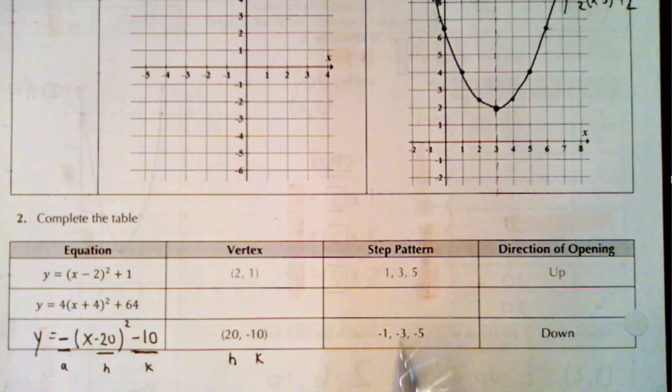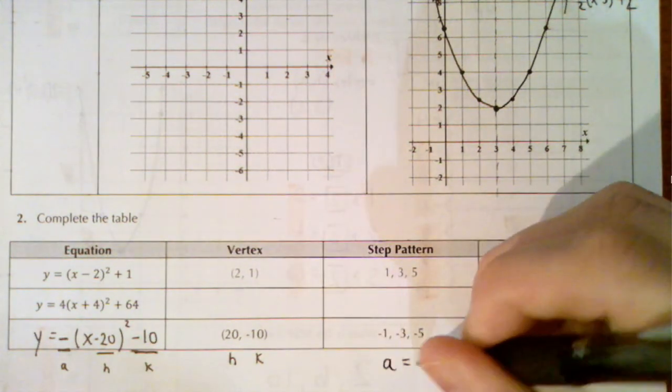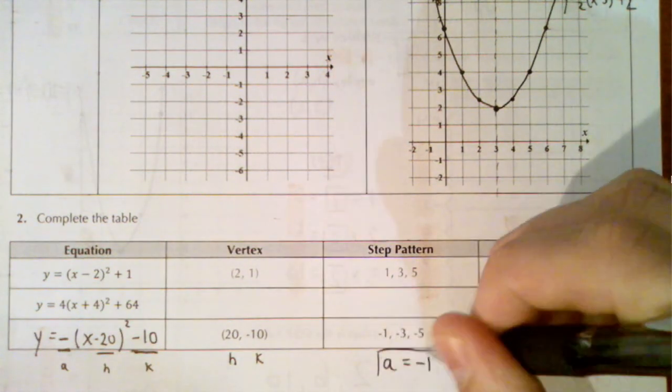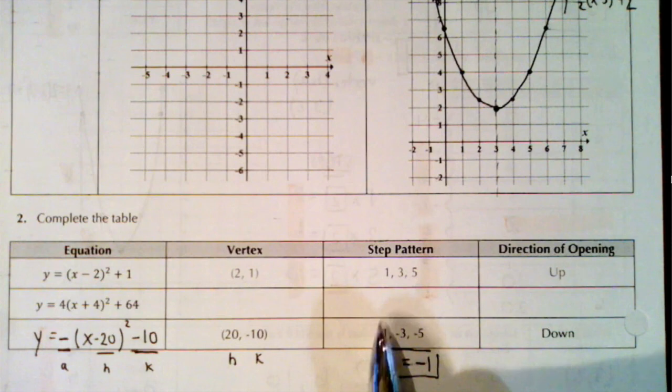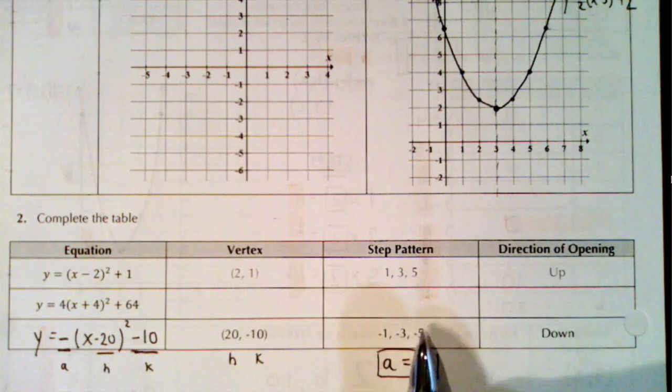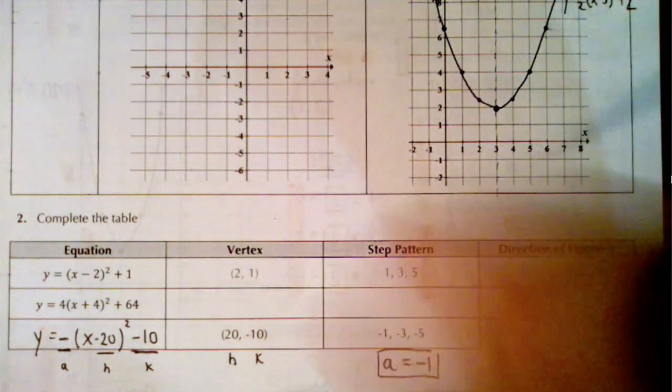So that means our A must be minus 1. And you can get that by taking any of these steps and dividing them by whatever the step should have been. If the step should have been 1, 3, 5, take negative 1, divide it by 1, we get negative 1. Take negative 5, divide it by 5, we get negative 1. Either way, we're ending up with negative 1, and that's what we put in for A.